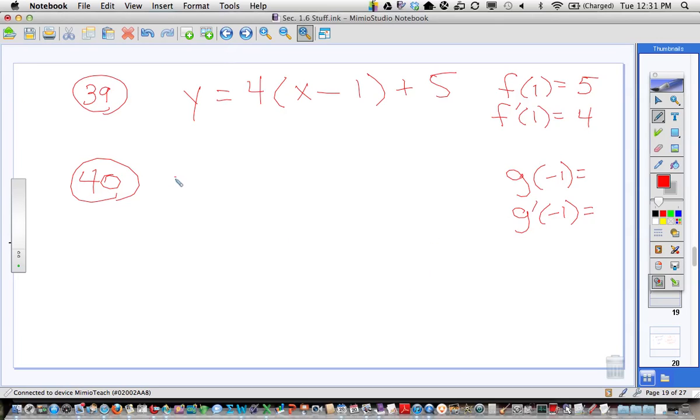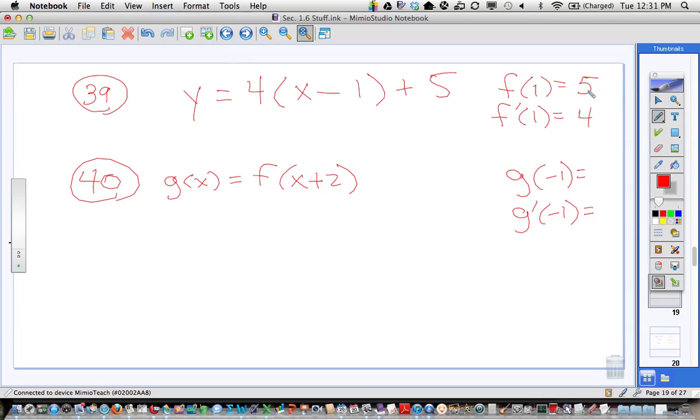What do they tell you about the G graph? Now don't look at the graph itself, look right underneath the graph. F of x plus 2, which means what? It's the F graph shifted 2 to the left.